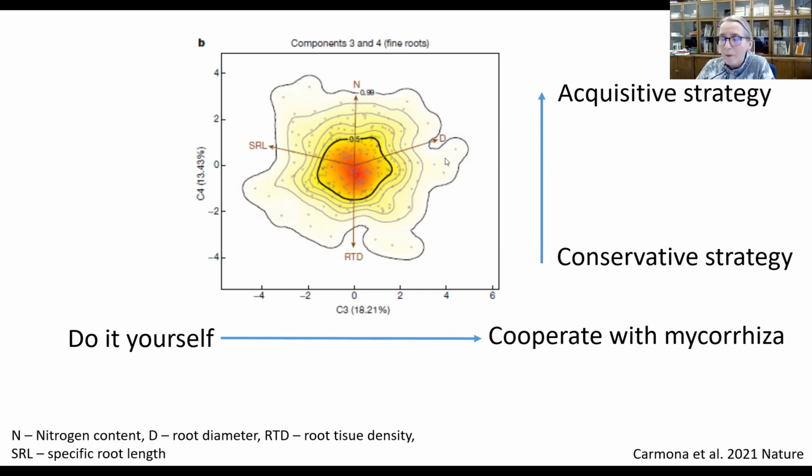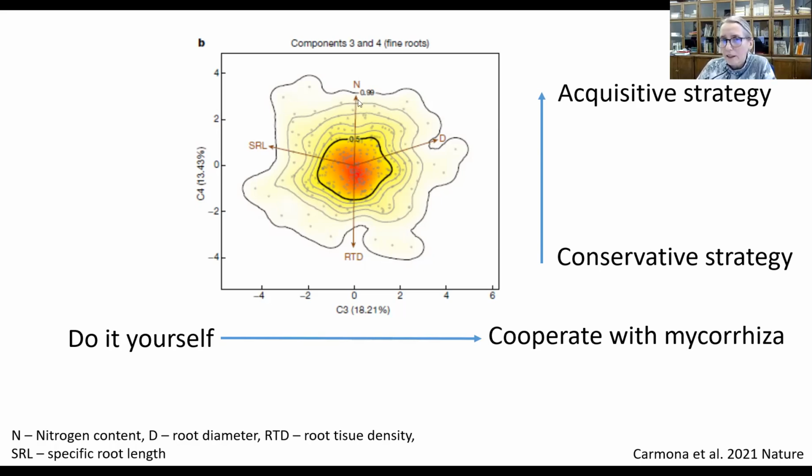And it is interpreted as a do-it-yourself strategy here. Either the plant has fine roots which are searching for nutrients, or it cooperates with mycorrhiza. So the plant has roots with high diameter that use mycorrhiza for getting nutrients.